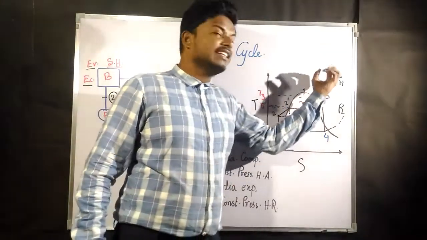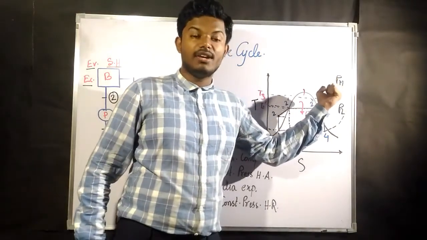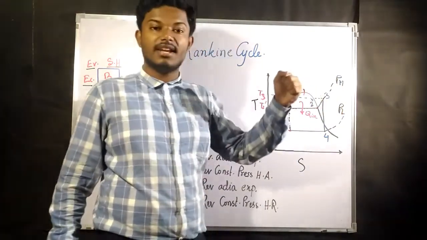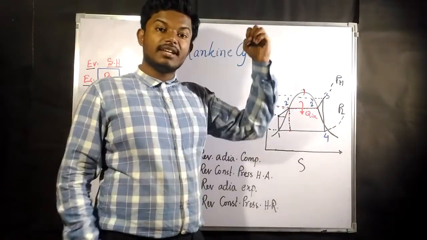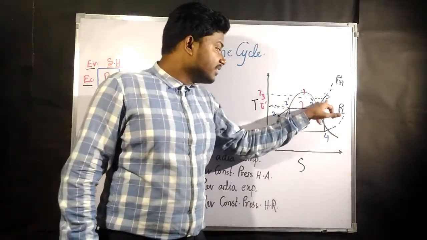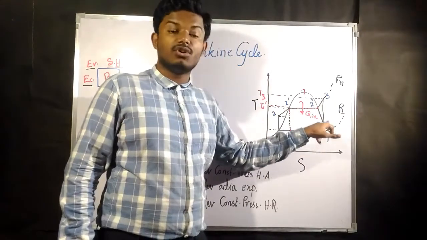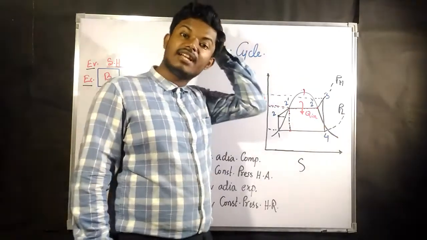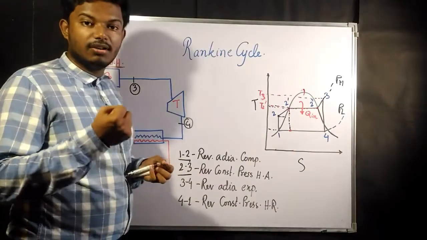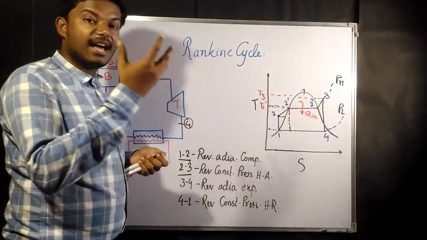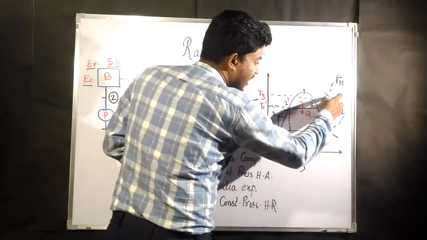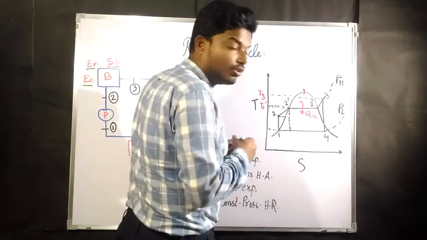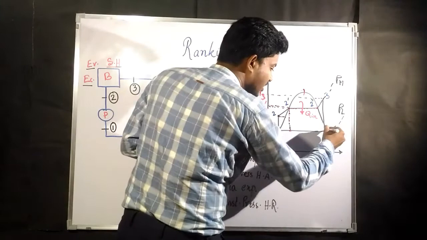Why do we increase the temperature of the steam again? The higher the temperature, the better the steam quality at the exit of the turbine would be. If you go for higher temperature, the exit products of the turbine will come here.